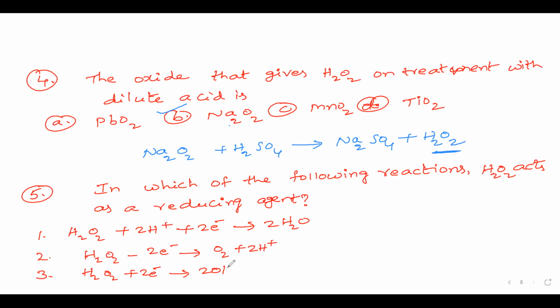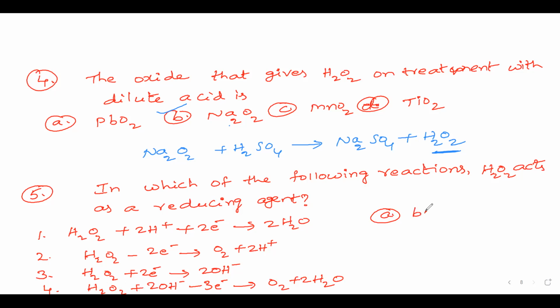And fourth equation, let us write hydrogen peroxide plus 2OH- minus 3 electrons gives rise to O2 plus 2H2O. It's a very typical question.